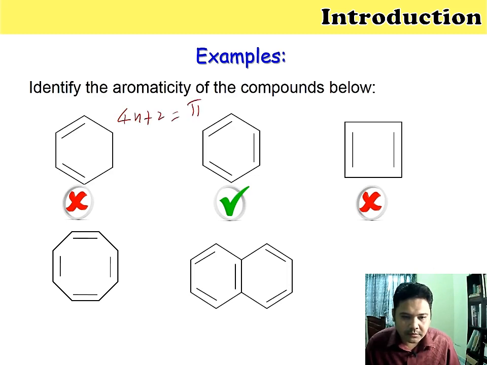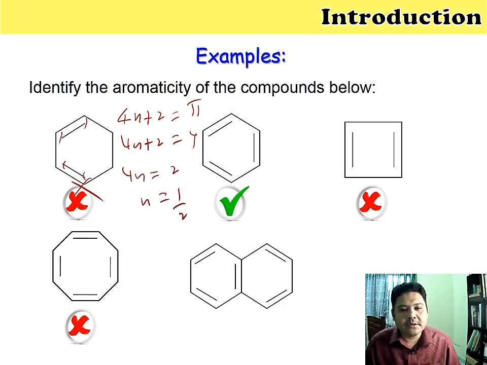We have 1, 2, 3, 4, so 4 pi electrons. So 4n plus 2 is equal to 4, then n is equal to half. So this one does not obey Hückel's rule, and that's why we cannot consider this structure aromatic. You can try this for all these structures. All the structures are cyclic, but the most important thing is to check Hückel's rule.